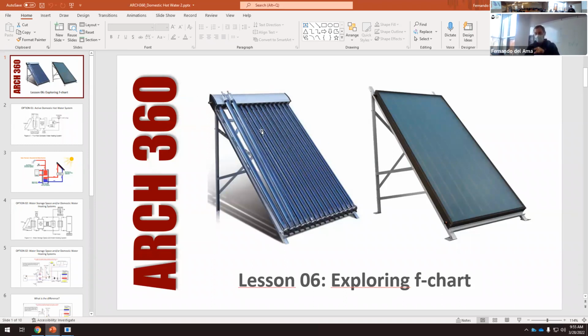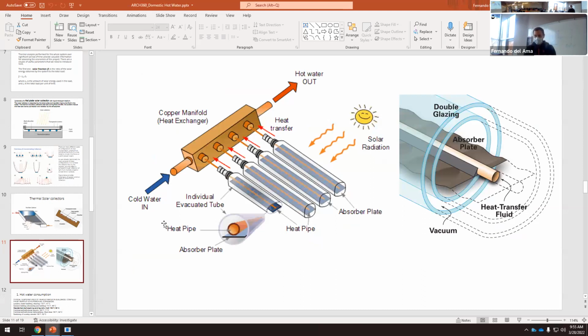I told you that we have these kind of panels, these heat pipes in this building. Right there, the domestic hot water in this building is generated with this kind of heat pipe panels. But this is the technology. This is the heat pipe.